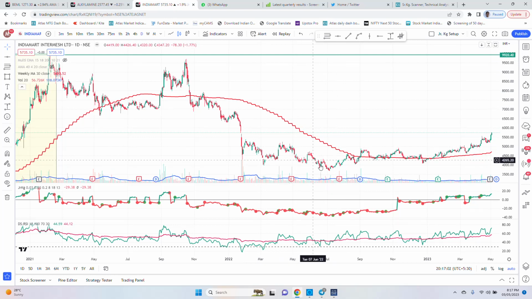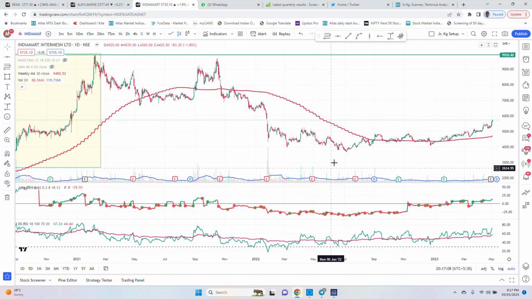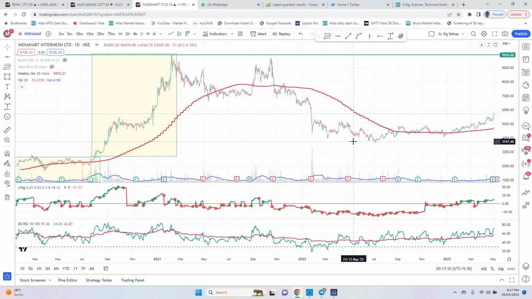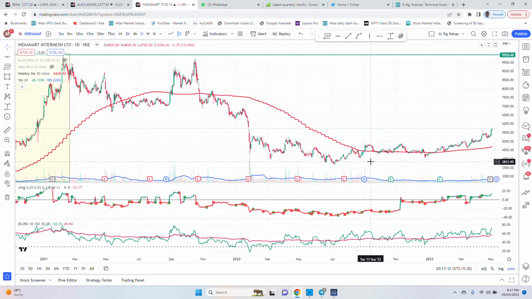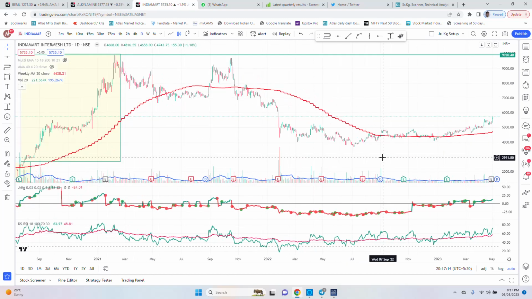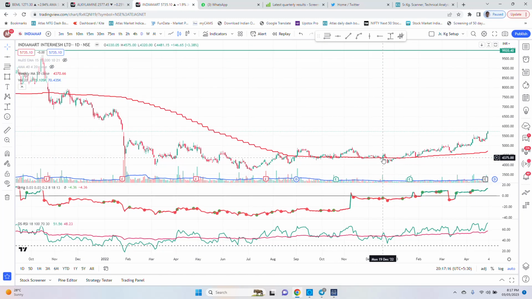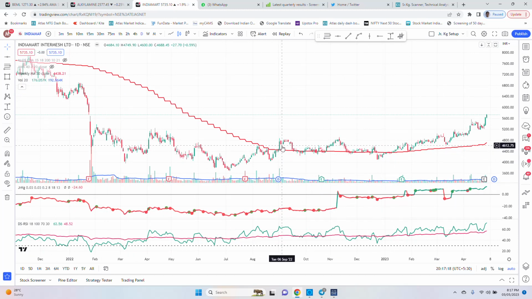And then you see this was the bottom made on July 7th, and then this bottom never broke actually. And the stock started going up, and it closed above the 30 moving average. So if you see this, the staircase which was going down, the length of the staircase is bigger, bigger, bigger.